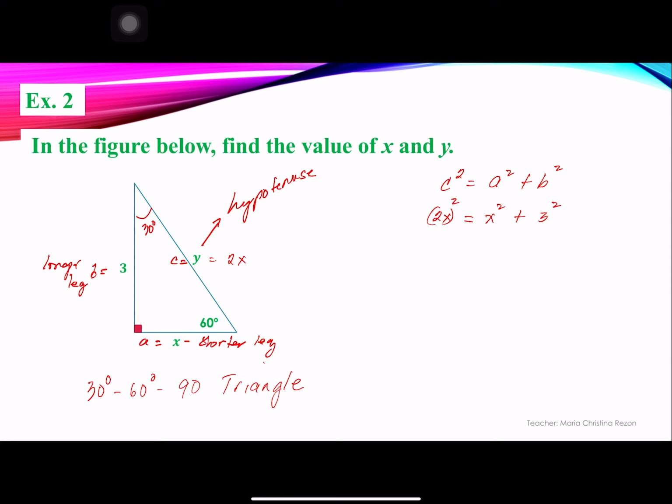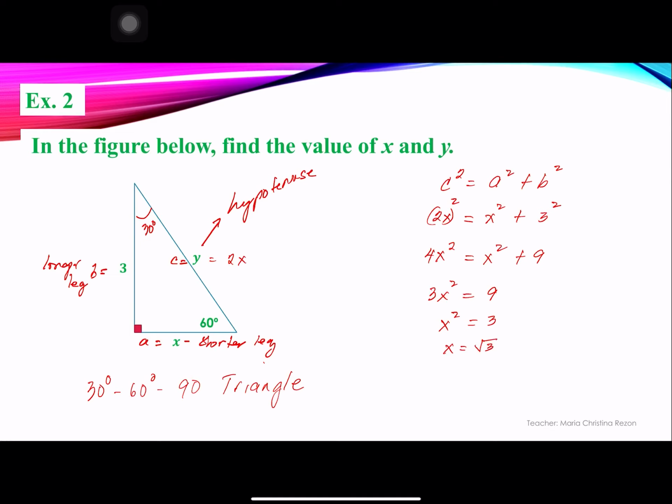It's 3 squared. Simplify that, you will have 4x squared is equal to x squared plus 9. So you have 3x squared is equal to 9. x squared is equal to 3. Therefore, x is equal to square root of 3.